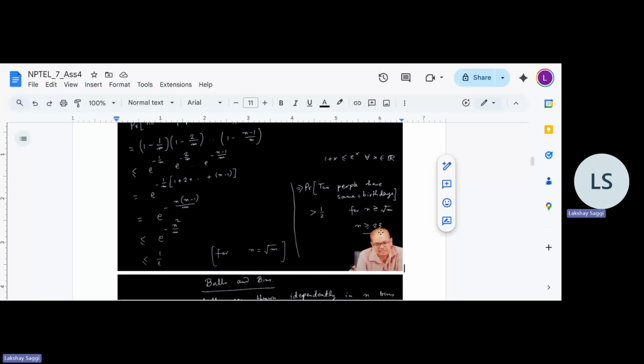So for n greater than or equal to root m, the probability that at least two people have the same birthday is at least half.